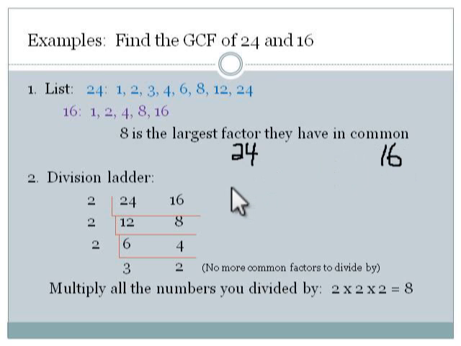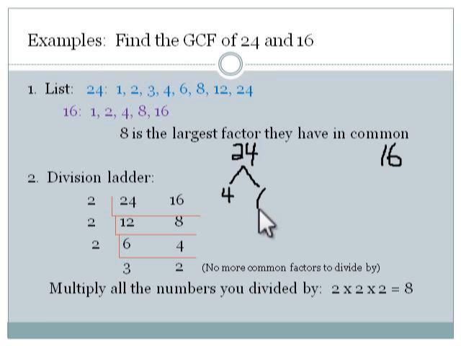Remember to do a tree, we branch out. And the one thing about a tree that most people like the tree more than the ladder is that you don't need to use a prime number. We used prime numbers over here when we divided. We can use anything. I could do 2 times 12, but I could also do 3 times 8, or I could do 4 times 6. I am going to do 4 times 6.